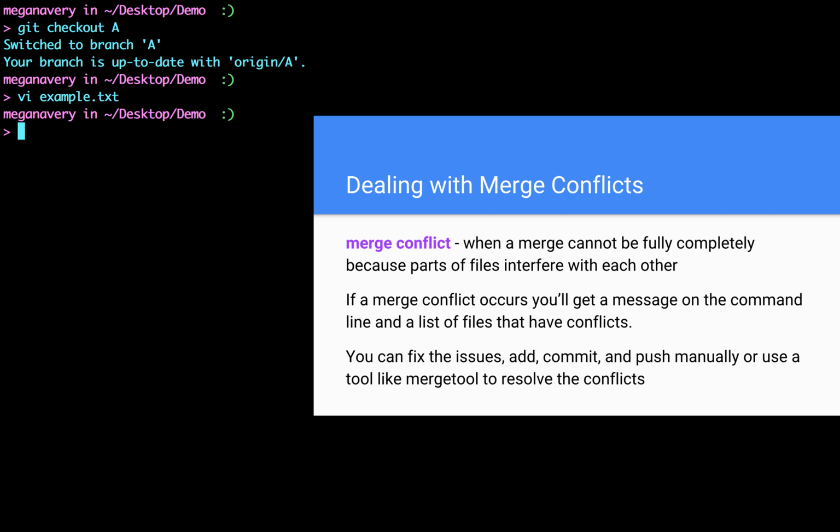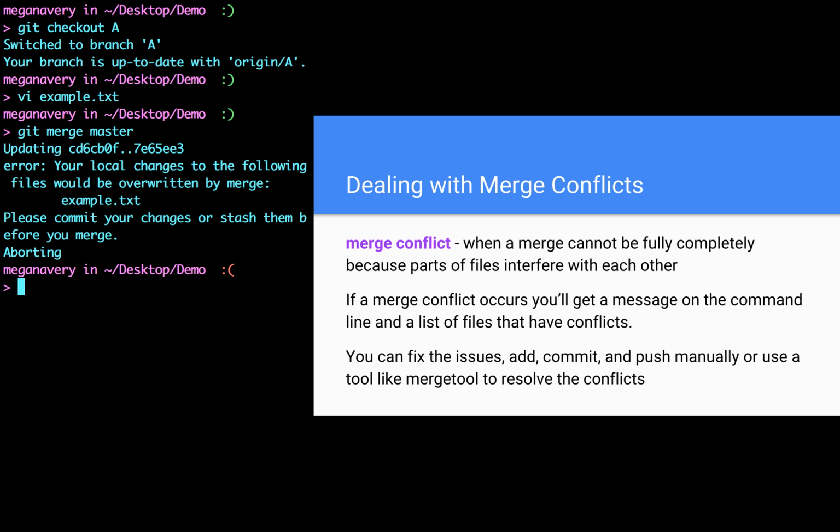Okay, so now I want to try to do git merge master. This is an example of a warning that I get. It's telling me that I have local changes that could be overwritten, so I need to commit them.